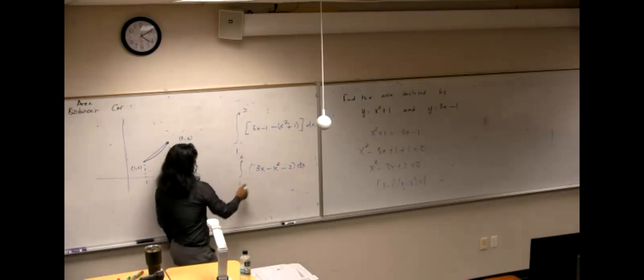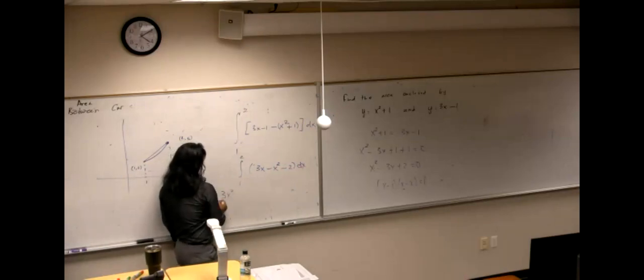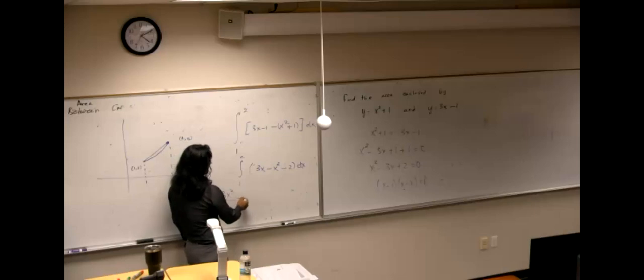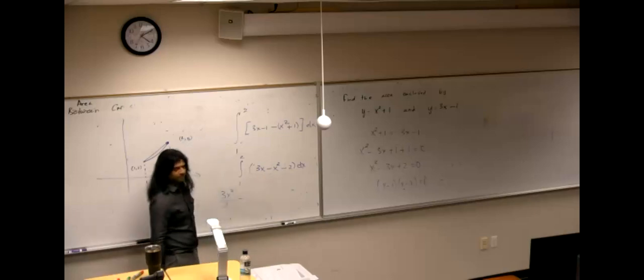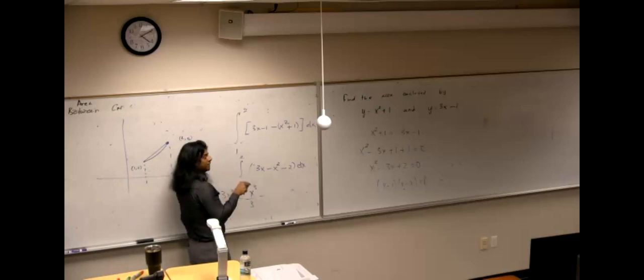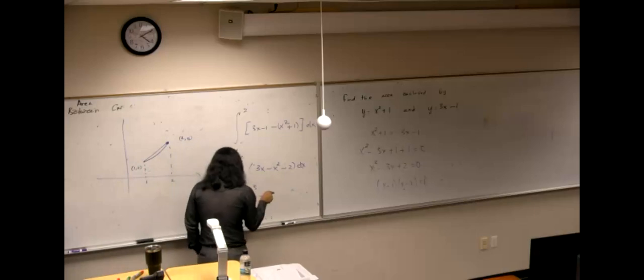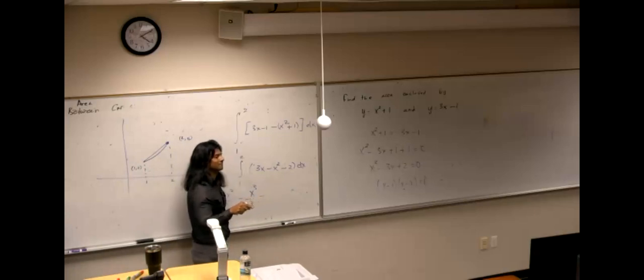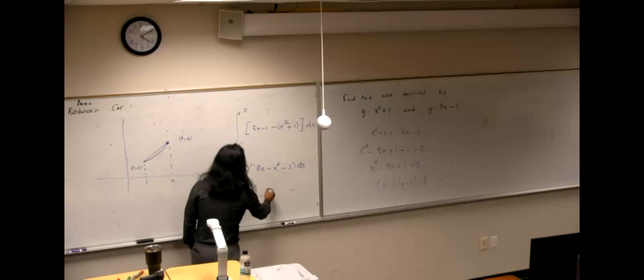Integral of that is 3x squared over 2 minus, what is the integral of x squared? X to the third over 3. Minus integral of 2 dx, 2x.